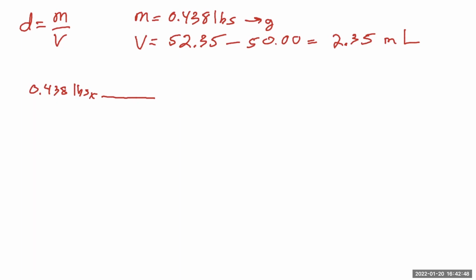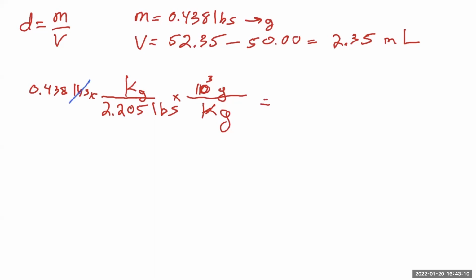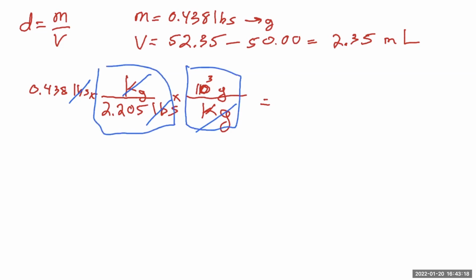There are 2.205 pounds per kilogram, with kilograms on the bottom so they cancel, and kilo is 10 to the third, or 1,000, grams. Each one of these conversion factors has to equal 1. There's 2.205 pounds in 1 kilogram, and 1,000 grams, or 10 to the third, in a kilogram.